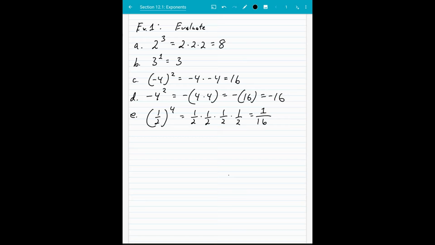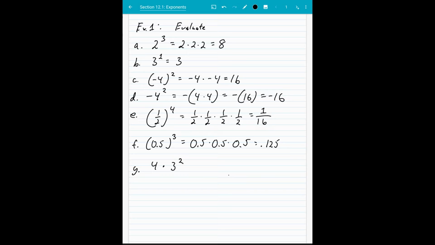So your answer would be 1 over 16. If we did F, which is 0.5 to the third power, that means 0.5 times 0.5 times 0.5. So it's still 1/2, but as a decimal. 0.5 times 0.5 times 0.5 will give you 0.125.